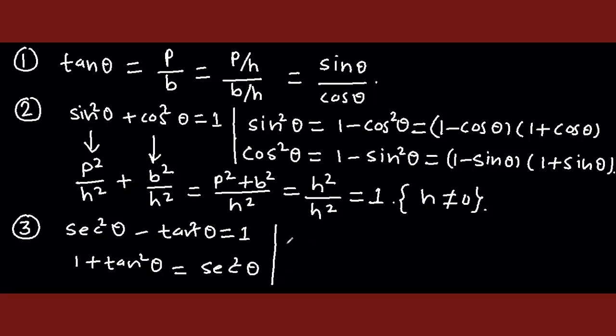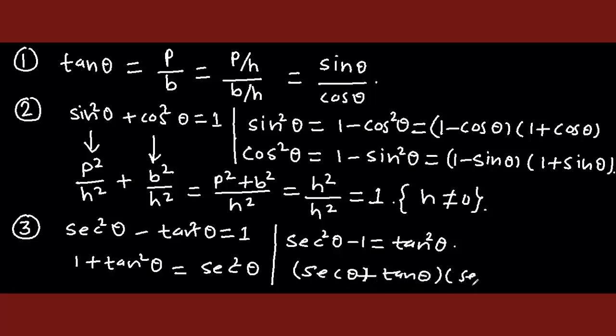Another way of writing this is secant square theta minus 1 is equal to tan square theta. Or you can write this as secant theta plus tan theta into secant theta minus tan theta is equal to 1, because a square minus b square is nothing but a plus b into a minus b. Okay?